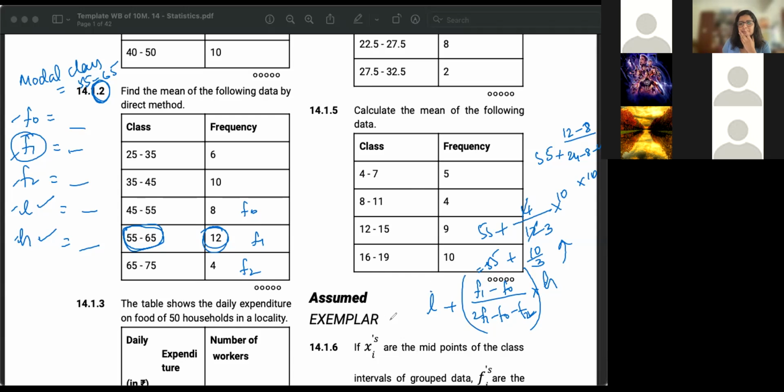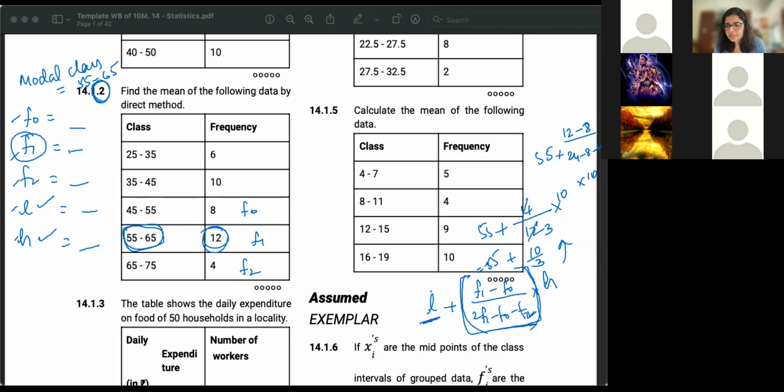So if that was a mistake you had done. Ma'am, I'll recheck. What you did looks like you did L into H. You basically multiplied H with L also and this also. That is wrong. L plus H is multiplied only with this frequency-based value.